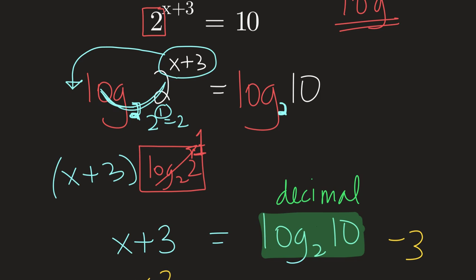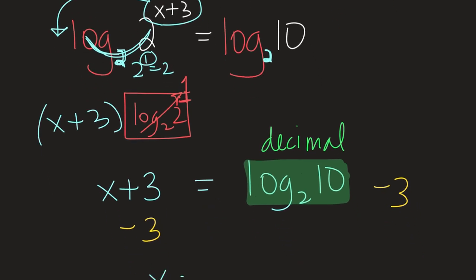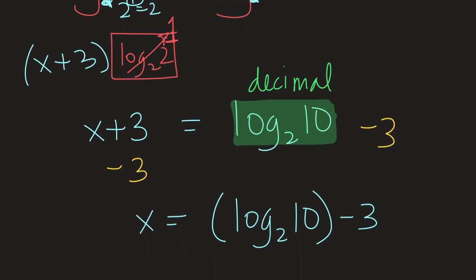So when I subtract 3 from both sides to finally solve this for x, I have whatever log base 2 of 10 is as a decimal minus 3. Now that's the perfect answer. If you wanted to use a calculator and get a decimal approximation, I will tell you that log base 2 of 10 is 3.32193 when you round to 5 decimal places.